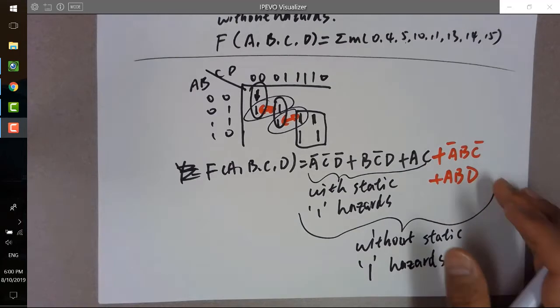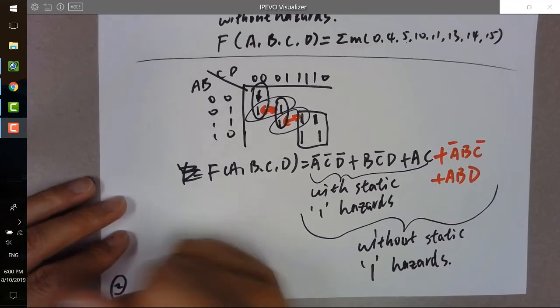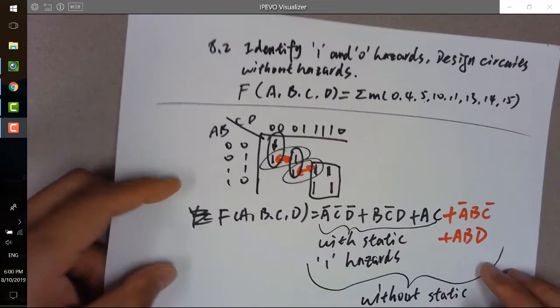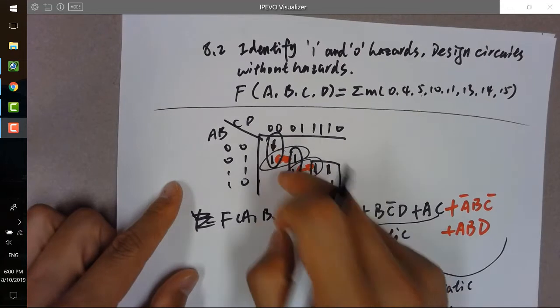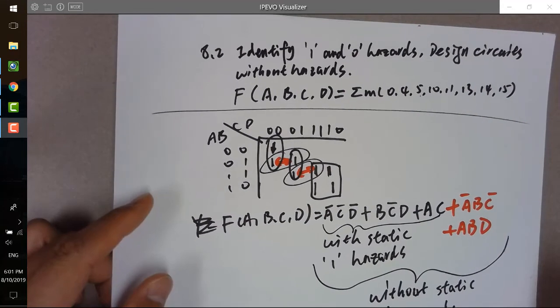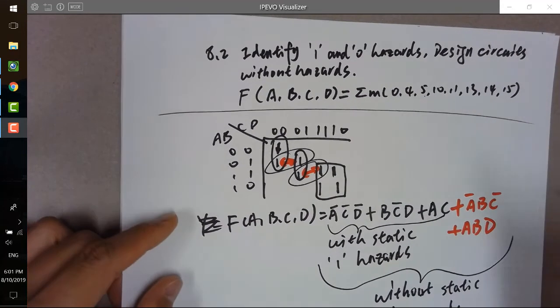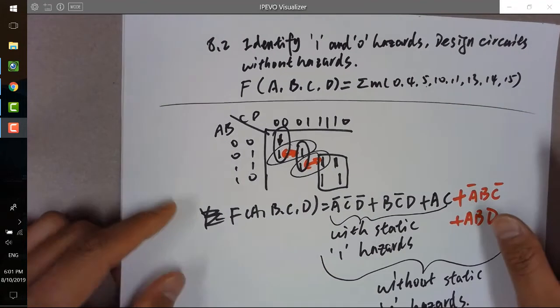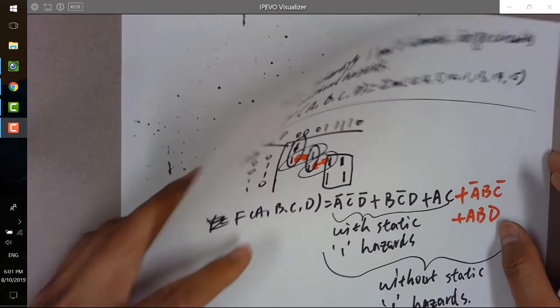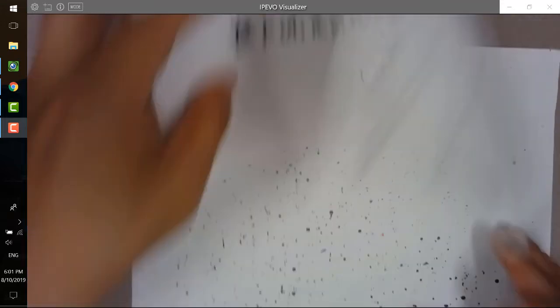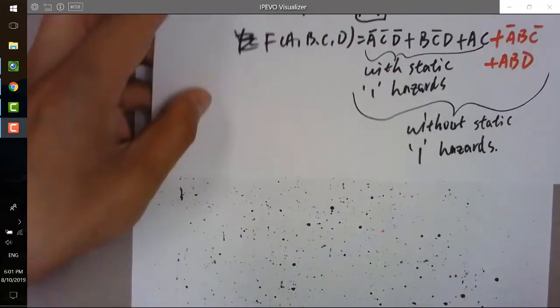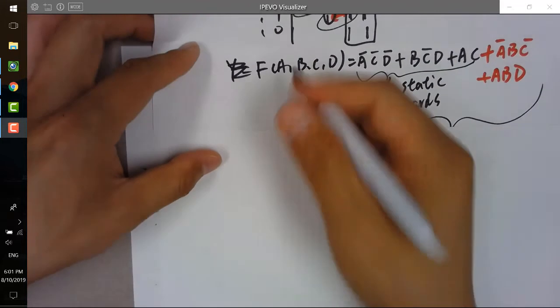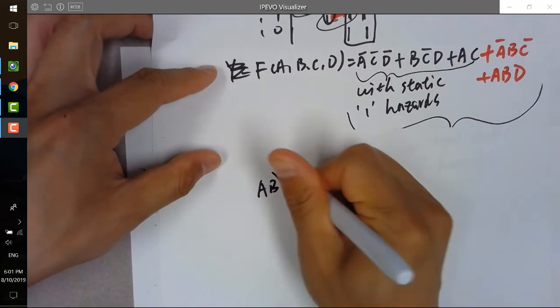So now we get rid of the static 1 hazard. What about the static 0 hazard? When you are designing using the max terms to make up a circuit, you will have static 0 hazards. So now let's get rid of the 0 hazards as well. The same K-map.